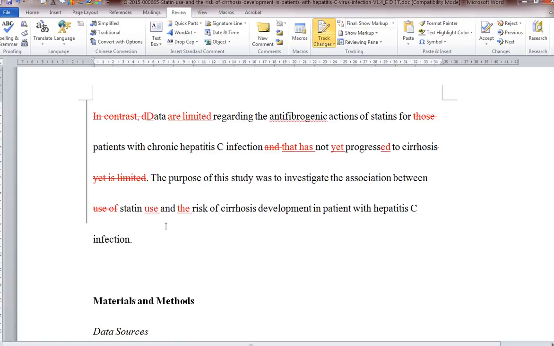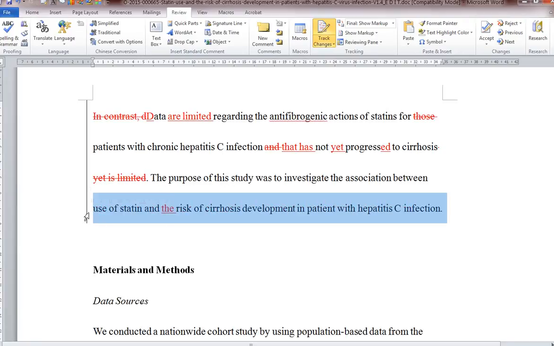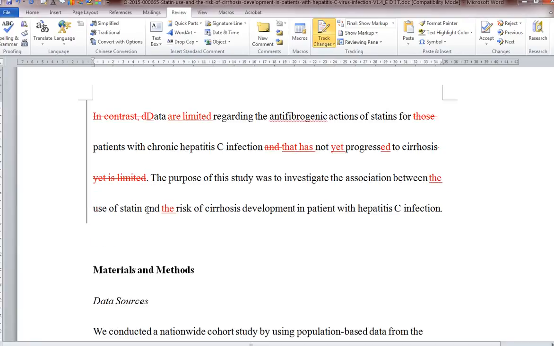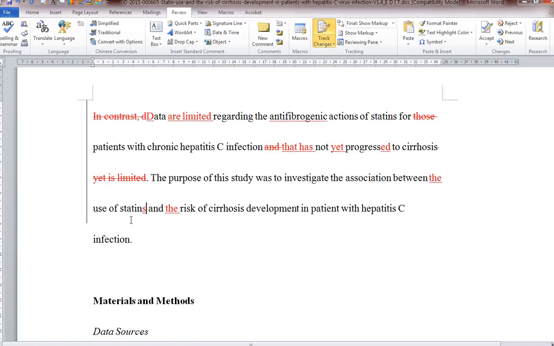Okay, so we have association between statin use and the risk of cirrhosis. Now I could have this as between the use of statin, and statin is countable, so I have to say statins. Between the use of statins and the risk of.